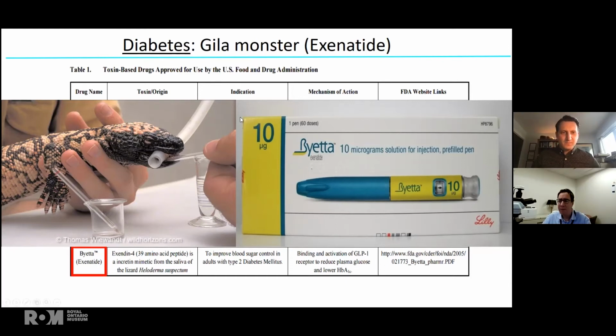And since we have 15,000 different species of blood-sucking insects, likely there are many other potential therapeutics hidden in the saliva of these animals. Yeah, this was going to be one of my questions as well. And again, I'm only thinking of the sort of small research program that I conduct as well.